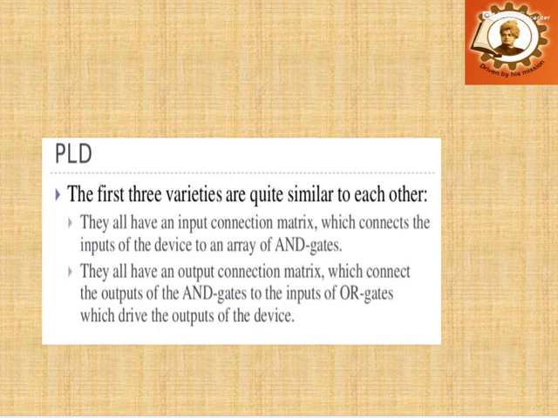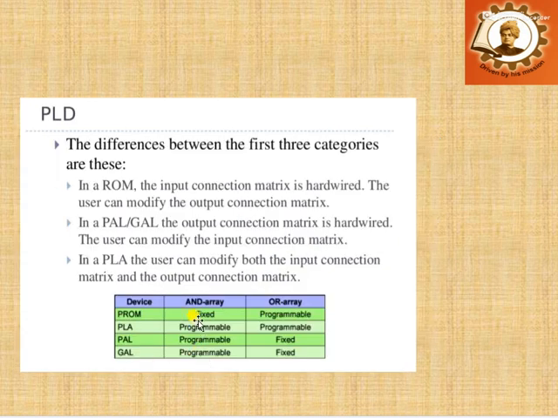The table shows which part is programmable and which part is non-programmable. In the case of ROM, the input connection matrix is hardwired, that means you cannot change it, and the user can modify the output connection matrix only. In the case of PAL, the output connection matrix is hardwired and the user can modify the input connection matrix.